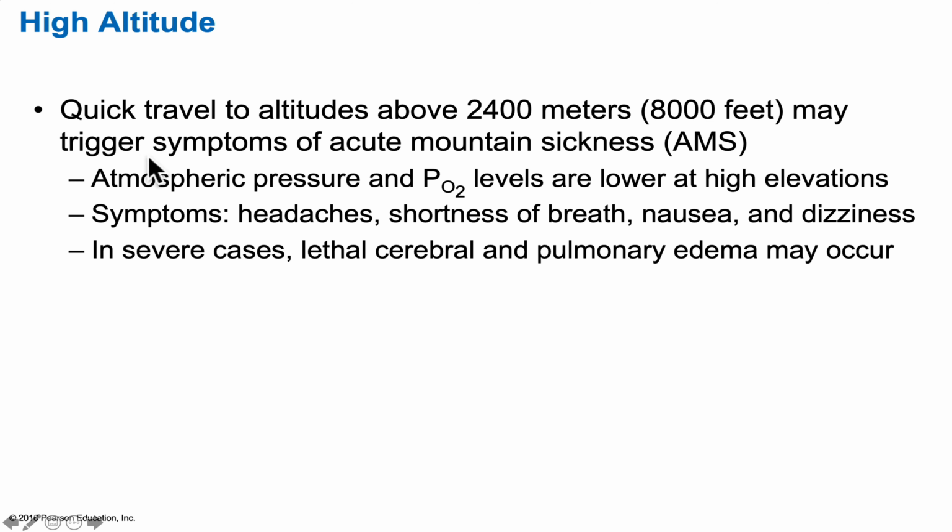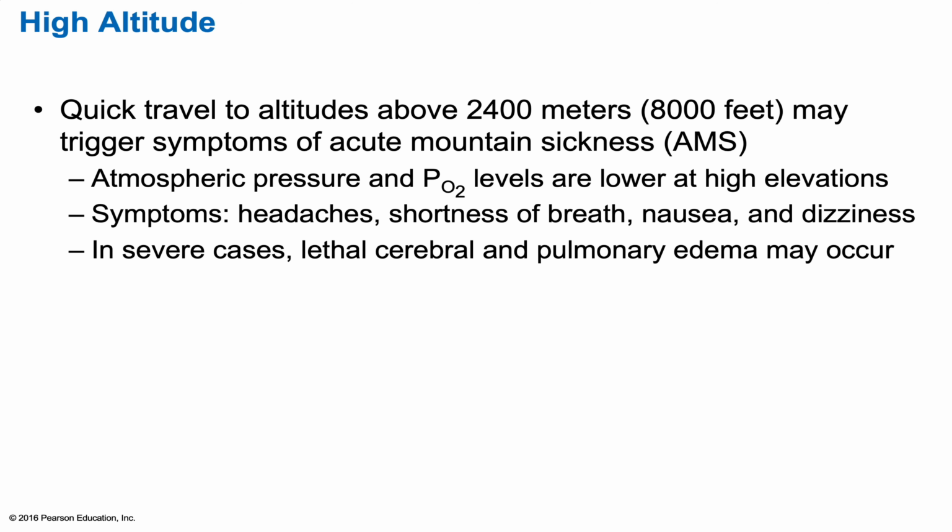In terms of high altitude, most people live between sea level and an altitude of approximately 2,400 meters, which is about 8,000 feet. At this range, differences in atmospheric pressure aren't great enough to cause healthy people any problems when they spend brief periods in higher altitude areas.